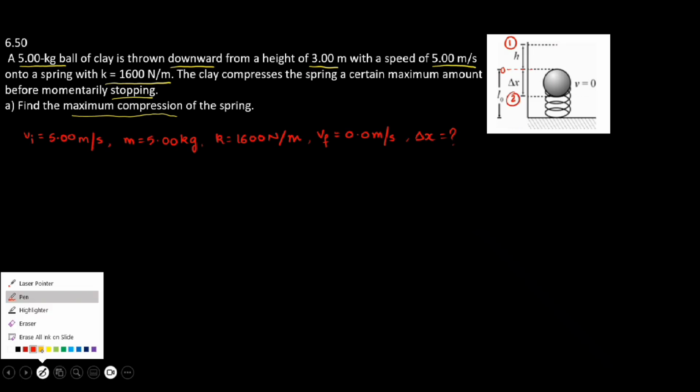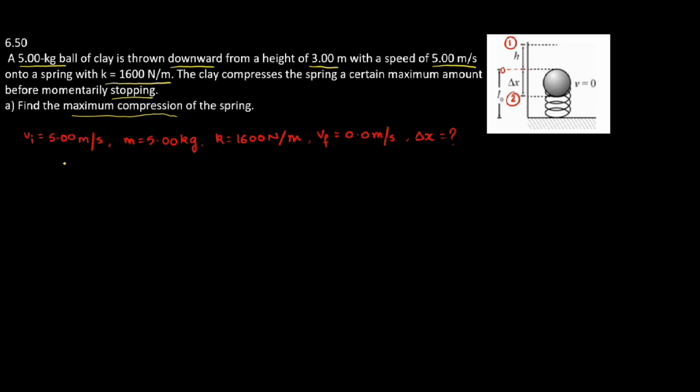According to the law of conservation of energy, total energy at 1 should be equal to total mechanical energy at 2. Total mechanical energy is nothing but the sum of kinetic plus potential energy, so we write K1 plus U1 equals K2 plus U2.